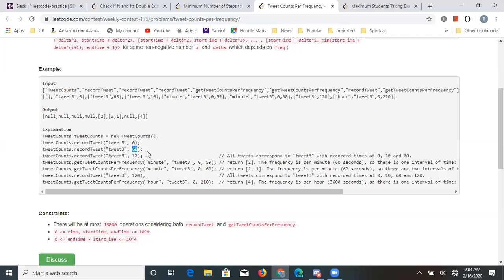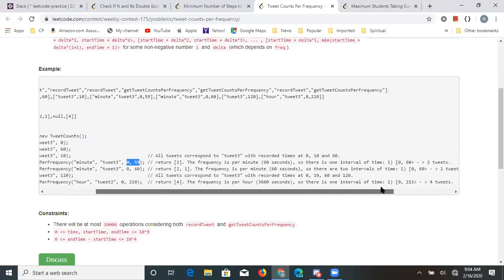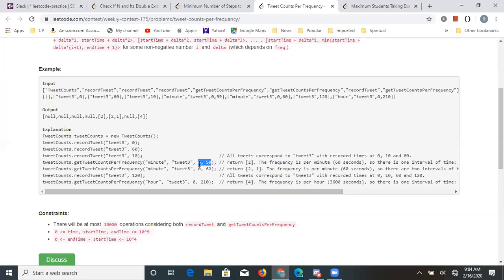I have a question. You mentioned that it was 0 second, 60 second, and 10 second, right? The query was in minute. So 0 to 59 minute would be, like, the interval would be an hour. We'll go to that, but for now, just understand that 0 to 59 means 0 to 60, which means 1 minute basically.